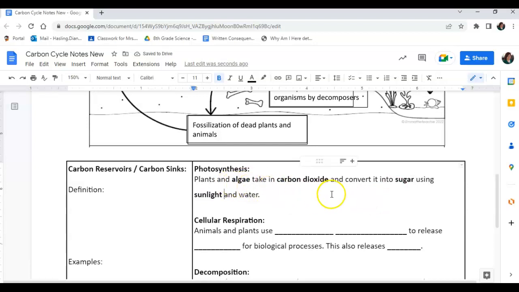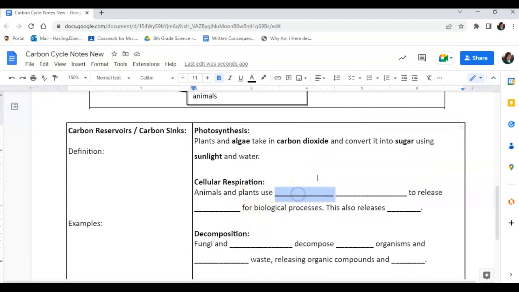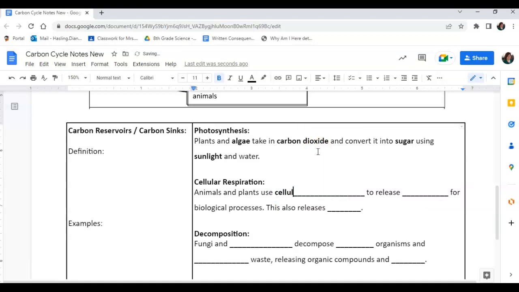Okay, and again, this is one of the only processes that we have that will remove carbon dioxide from the atmosphere. In cellular respiration, animals and plants.